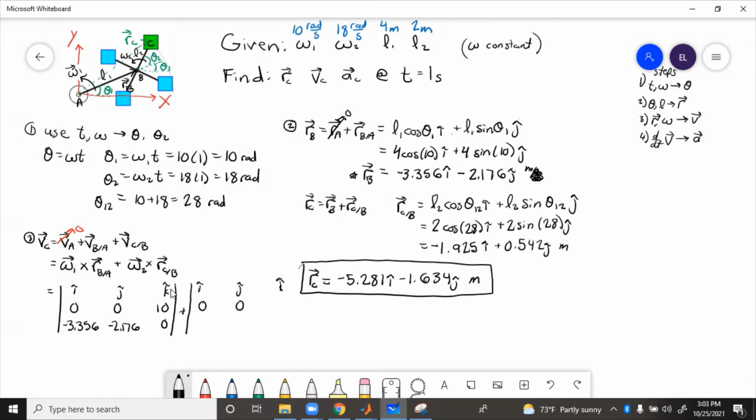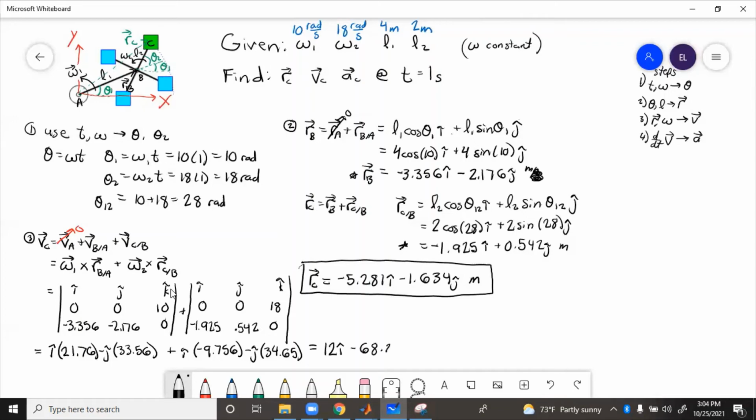In this case, we have omega 2, which is 18. And then RC with respect to B, which is here. Then we do these cross products and add those together. So now we have velocity of C.